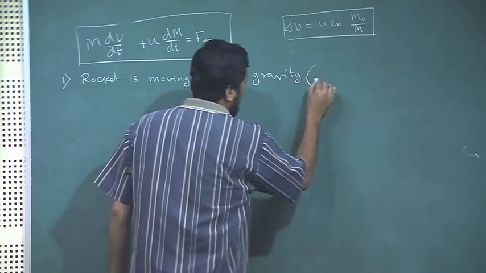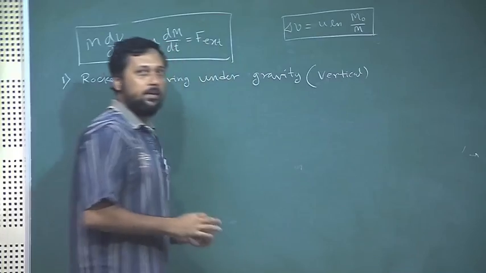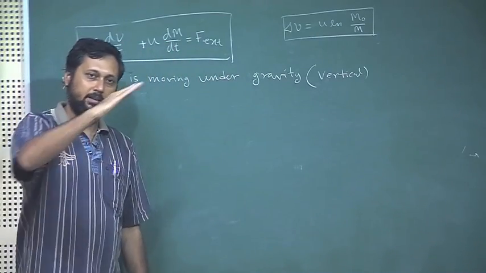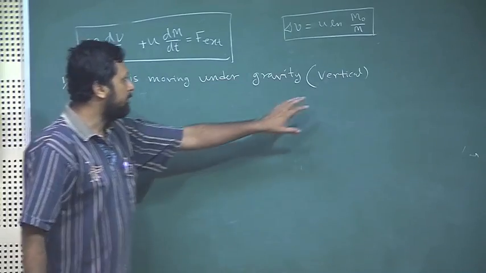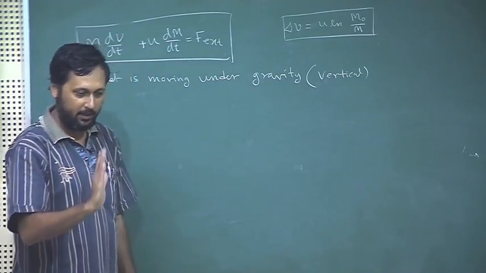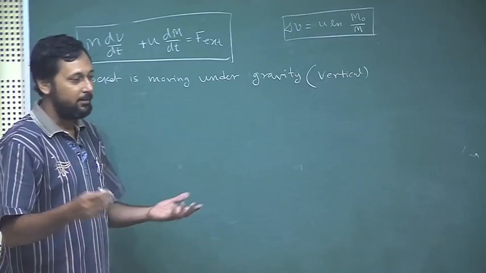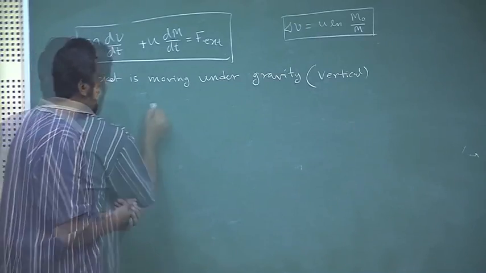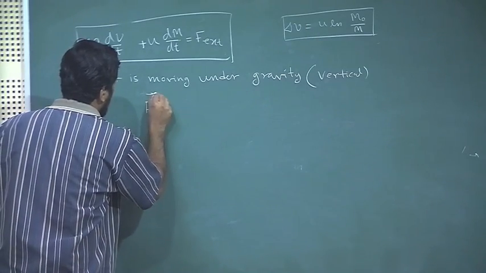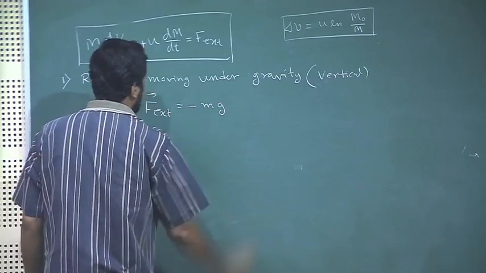So, we are assuming vertical, because in principle the rocket can go up directly, or the rocket can go up at an angle like this or like that. But for simplicity, we are considering only pure vertical movement. So, that means the rocket is just going under the influence of gravity, let us say from Earth's surface, could be from anywhere. So, in general F external will be given as minus mg.